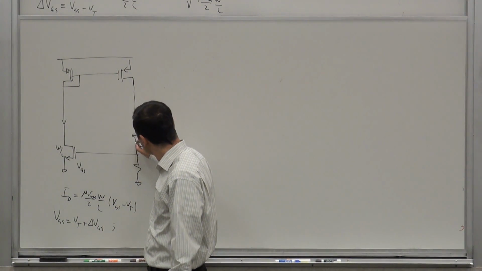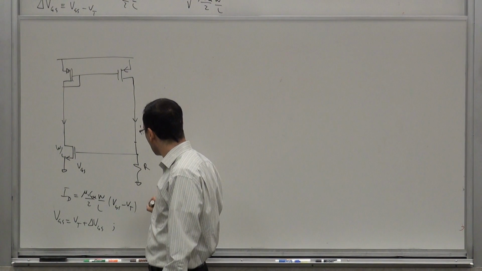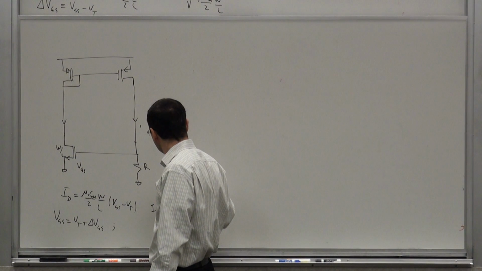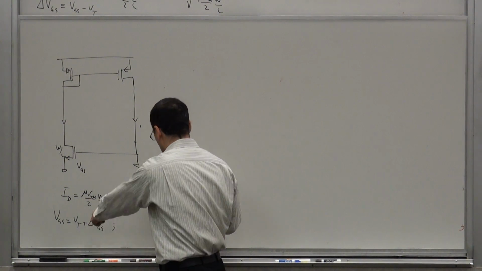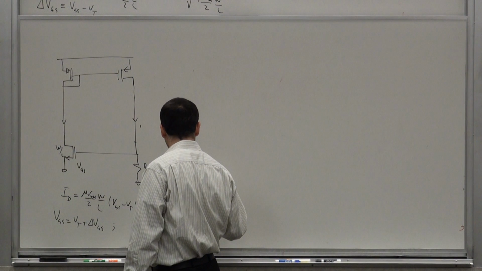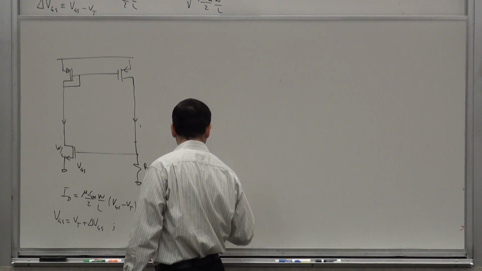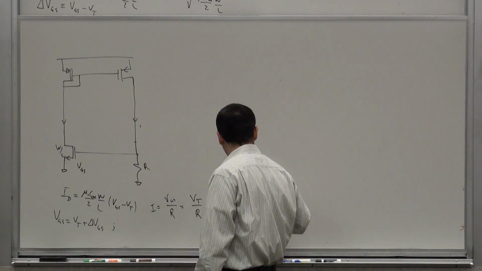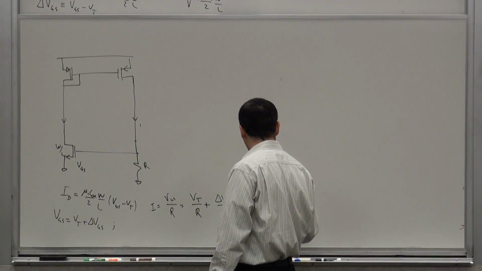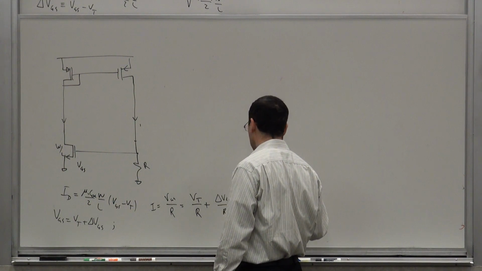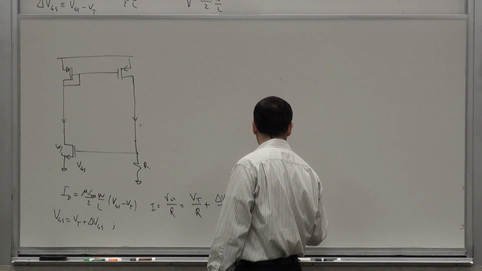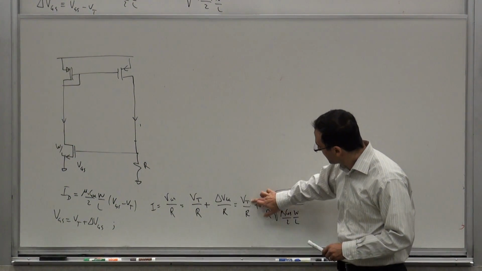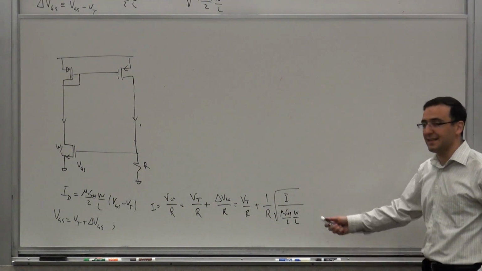Therefore, this current is VGS divided by this R. So I becomes VGS divided by R, which is VT divided by R plus delta VGS over R. And if you re-expand it, this is the V threshold over R plus 1 over R times the square root of I over mu n C ox over 2 W over L. So this is at least the way we think it should work.